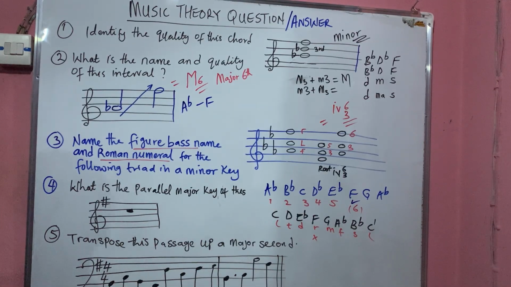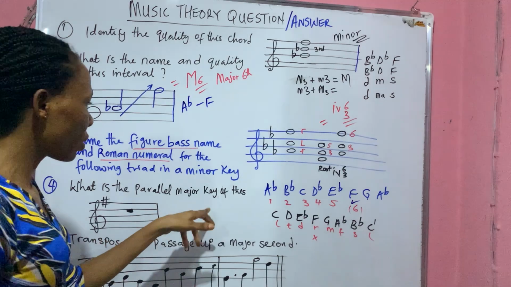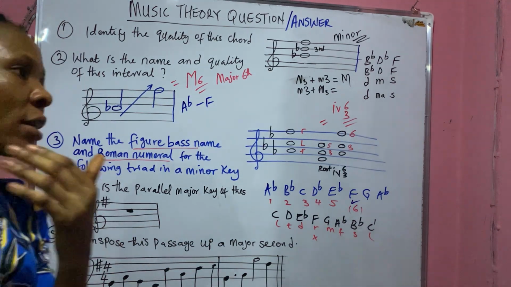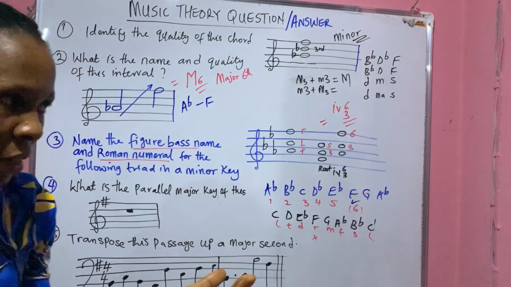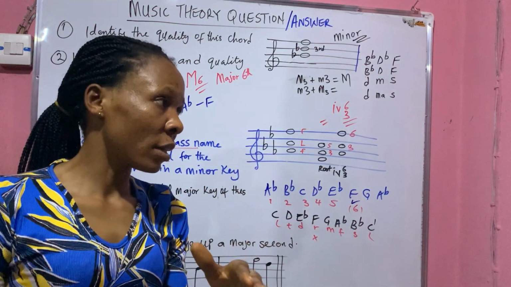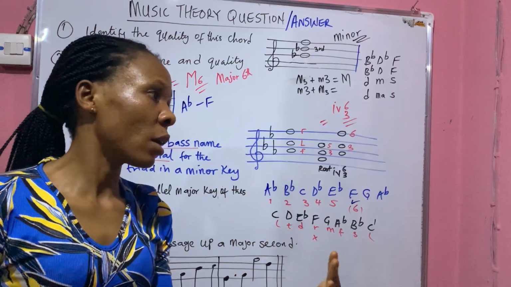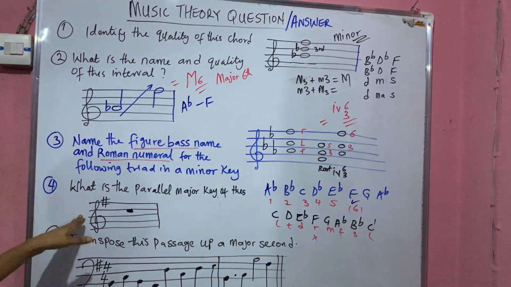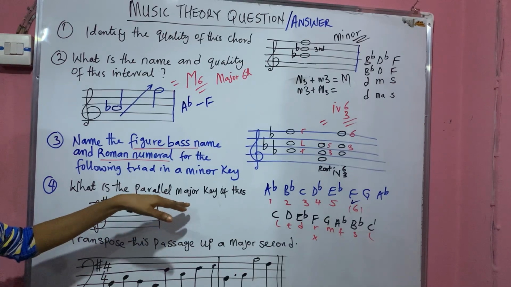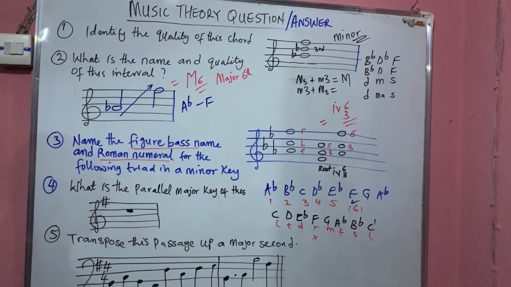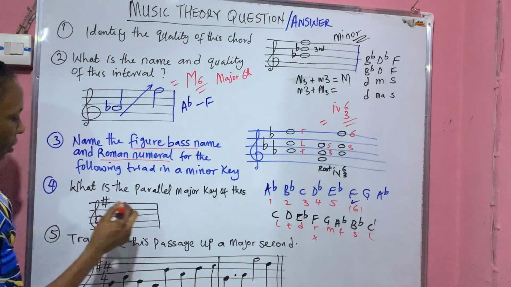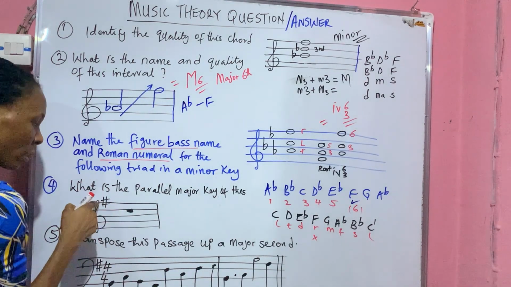Then the next one: what is the parallel major key of this? Your parallel key shares the same tonic name but has a different key signature. So now what key is this? Automatically, because they're asking you for the parallel major, the relative of this is E. So this key is E minor.